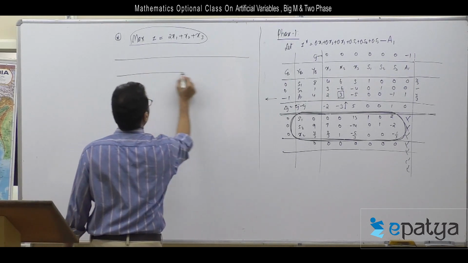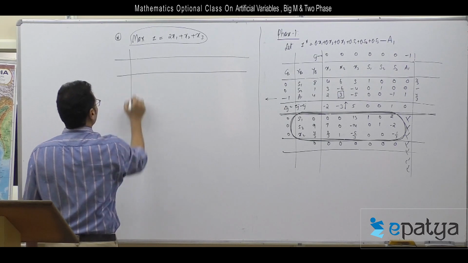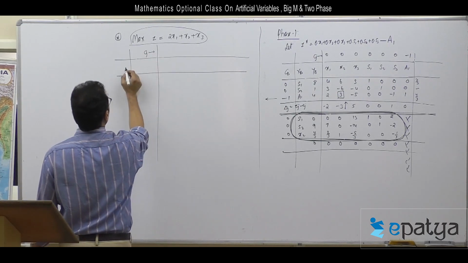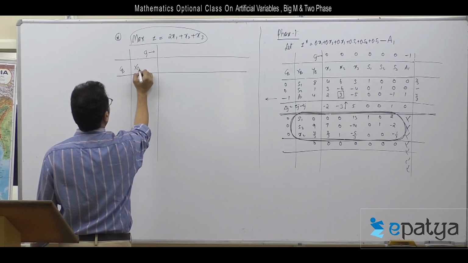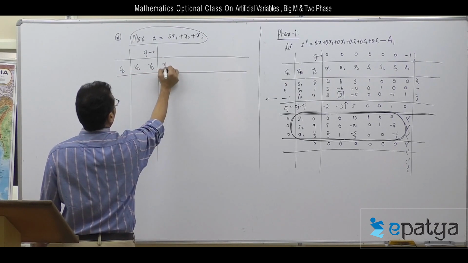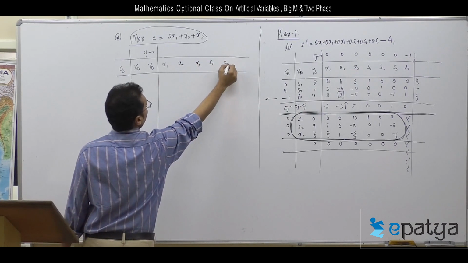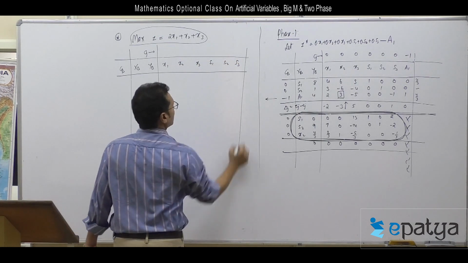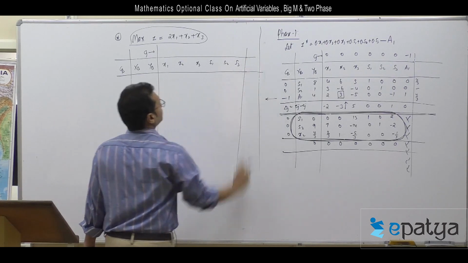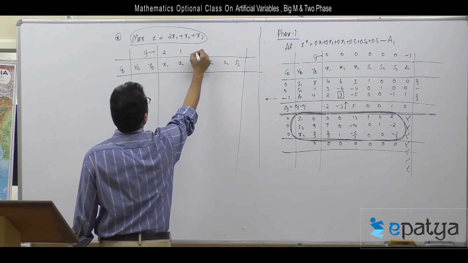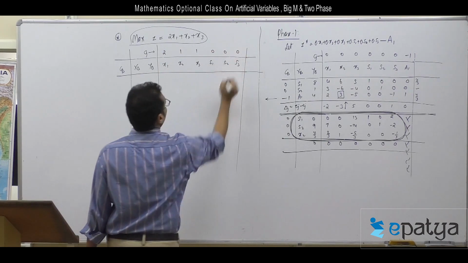That is, assigning original costs to all variables x1, x2, x3, s1, s2, s3. What are the original costs? 2, 1, 1, 0, 0, 0.